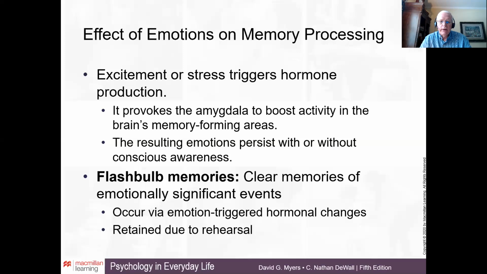And the activation of the autonomic nervous system and also the amygdala, which is a part of the limbic system, if you recall, seems to be involved in the creation of these flashbulb memories.